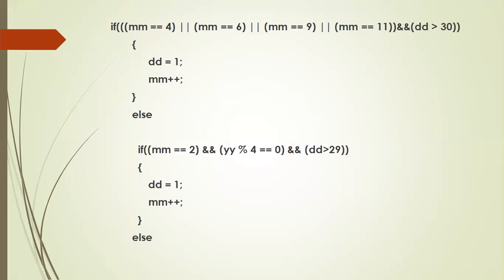In that case, the month is February 2, the year is a leap year, that is also true, and after incrementing, the date has become more than 29, it has become 30. What's the next date? The date should be 1, the month should be incremented to 3, and the year should remain as it is. So you reset dd equal to 1 and the month is incremented. So from 29/2/1980, it has now become 1/3/1980.